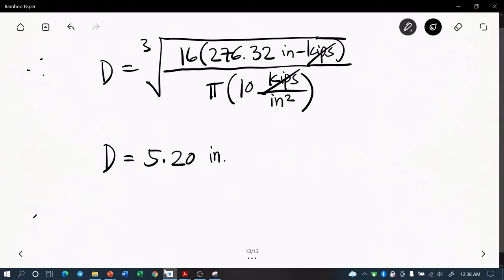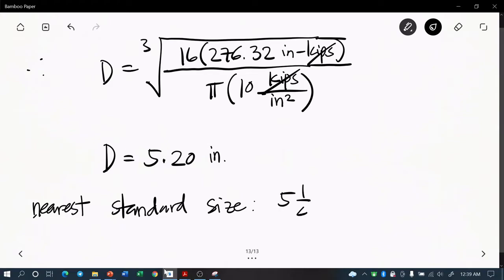So the diameter of the shaft in our first requirement, if it is a solid shaft, is 5 1/4 inches.